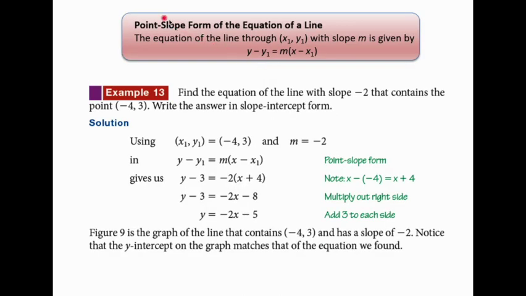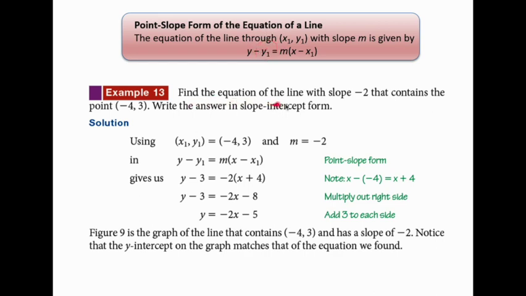Now, when we look at point-slope form of the equation of a line, all you need in order to put an equation in this form is the slope and one point, any point, and we'll label it as (x1, y1). So you put in 1 point here, that's for your x point, and then your y point goes here.